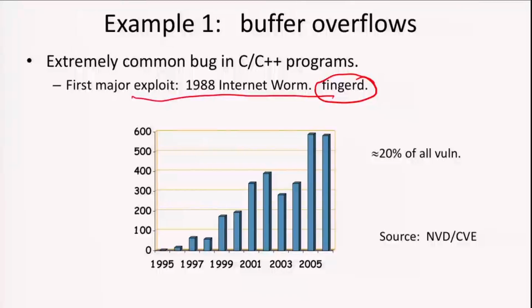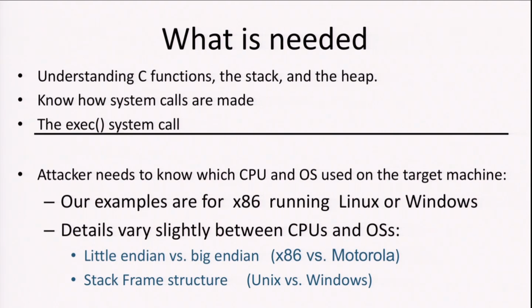This is a little bit dated, but it still holds even today that about 20% of the vulnerabilities in software are buffer overflow vulnerabilities. So this is one of the very important ones that we must understand and work on.